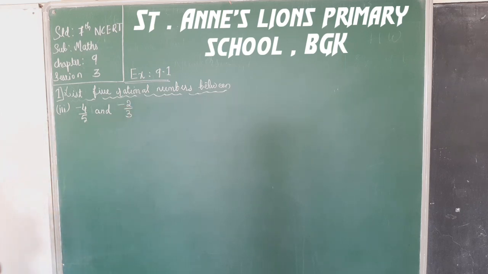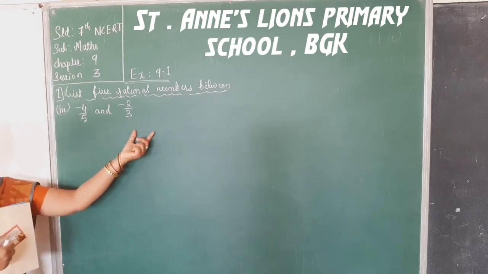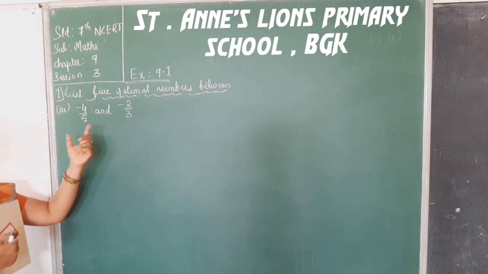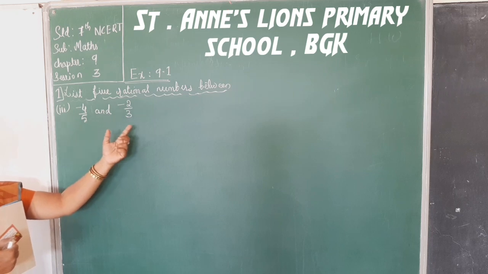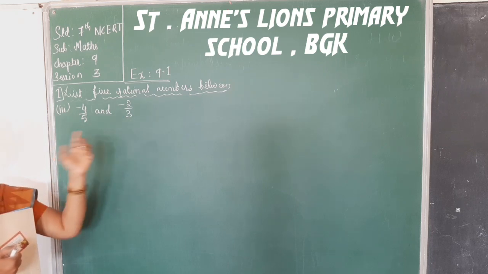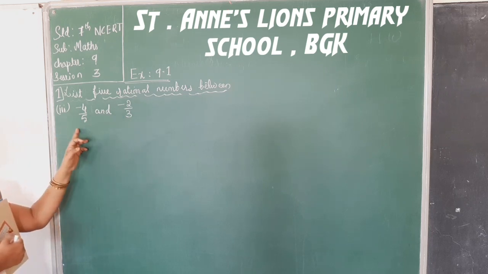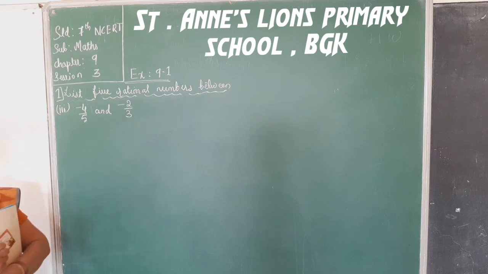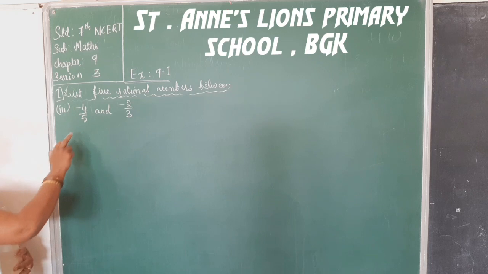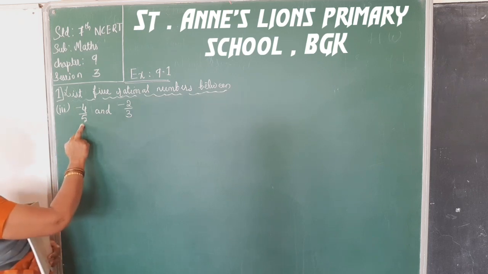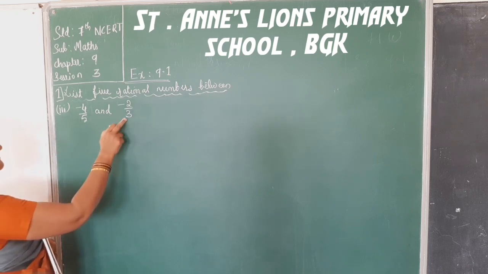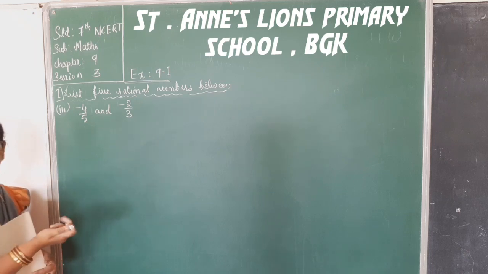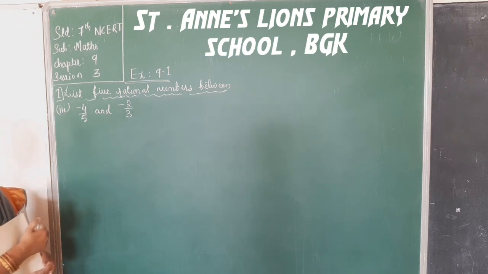See here, both are rational numbers with different denominators. First we have to make the denominators the same. Here 5 is there, here 3 is there. How to make the same denominator? By multiplying 5 with 3, 15, and 3 with 5, 15. So 15 will be the LCM.